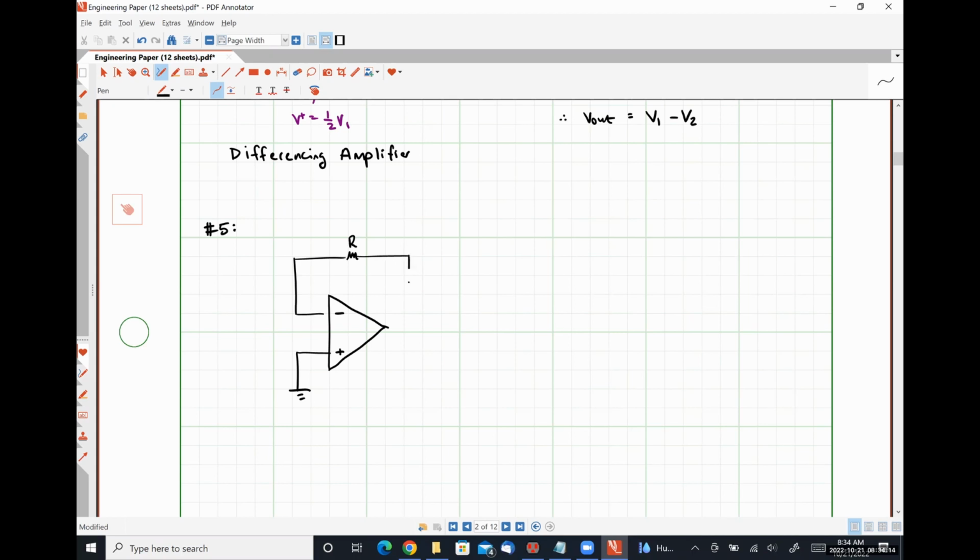I'm going to have a resistor R in my feedback loop for this guy. Here's where I measure the voltage V out. And instead of placing a resistor here, I'm now going to place a capacitor.